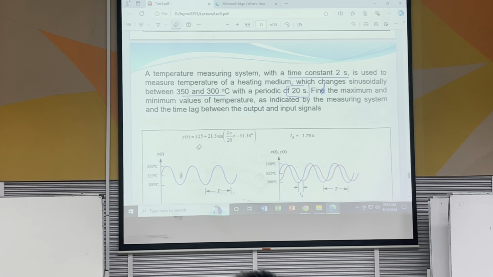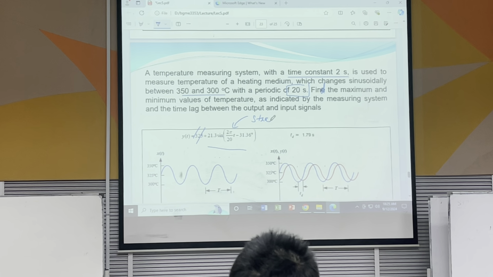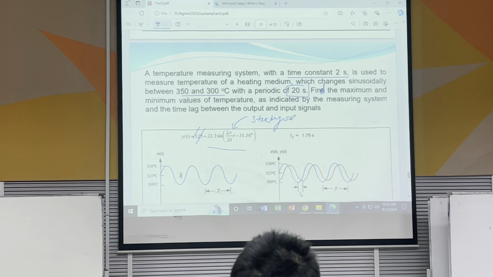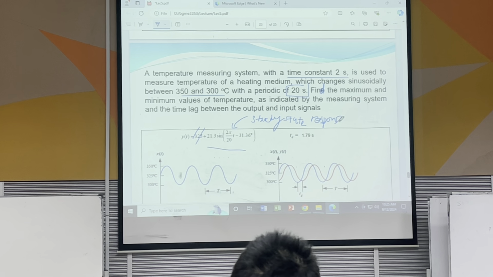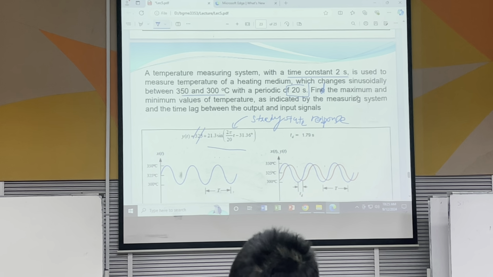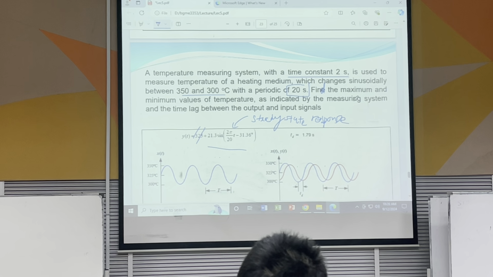I want to ask a question. Never mind, you all leave this 325 alone first. This is the steady state response, right? Because I have a very important question. Anyone want to volunteer? Amelia, do you want to volunteer? For the 325, why out of nowhere is there a 325 there?